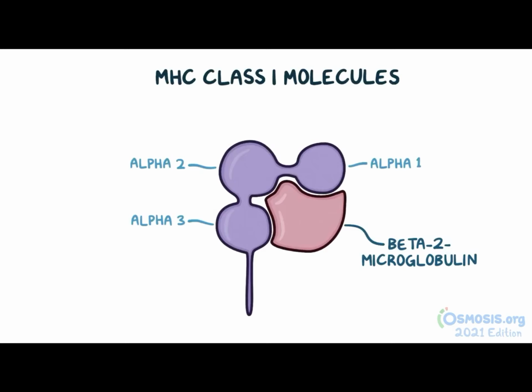Alpha 1 and alpha 2 make up the peptide binding groove. The beta-2 microglobulin basically props the whole structure up by binding between the alpha 1 and alpha 2 domains and the alpha 3 domain. The peptide binding groove binds peptides that are approximately 8 to 10 amino acids long, with many hydrophobic residues that'll bind easily to the hydrophilic amino acids inside the peptide binding groove of the MHC molecule.